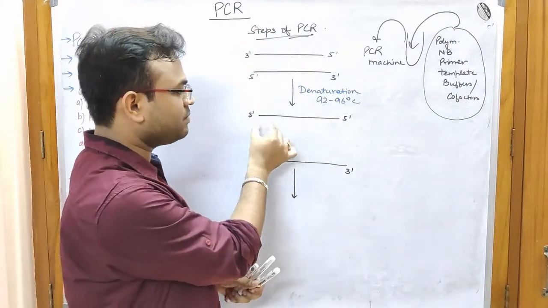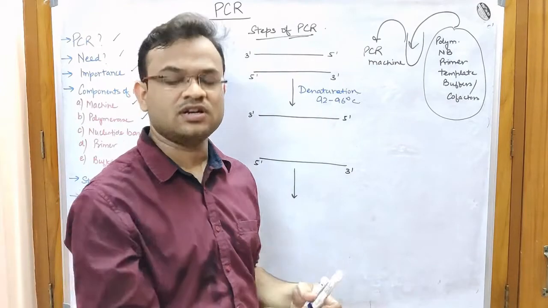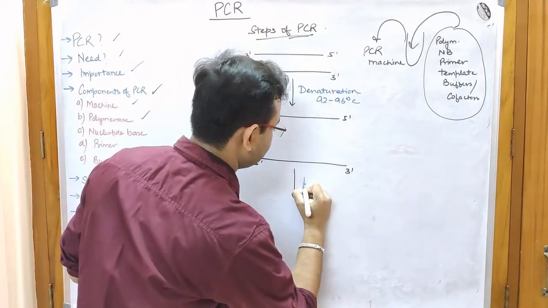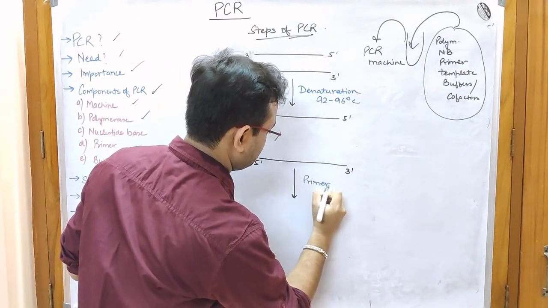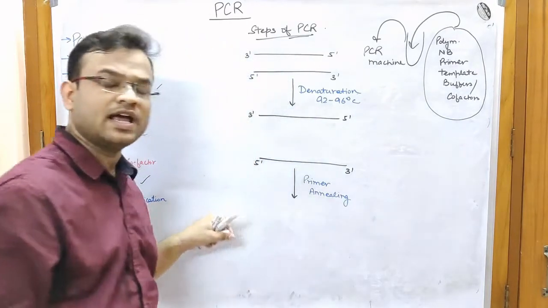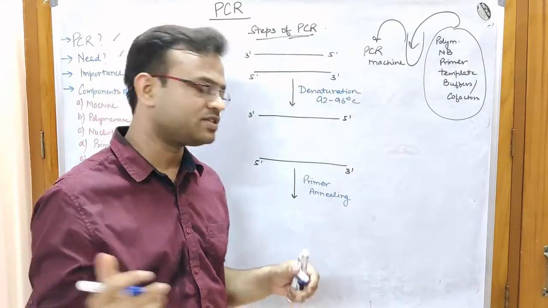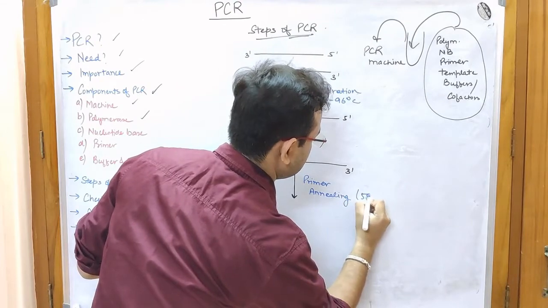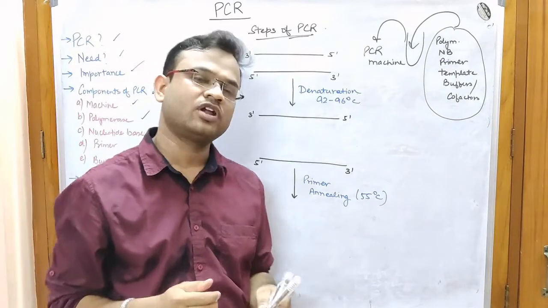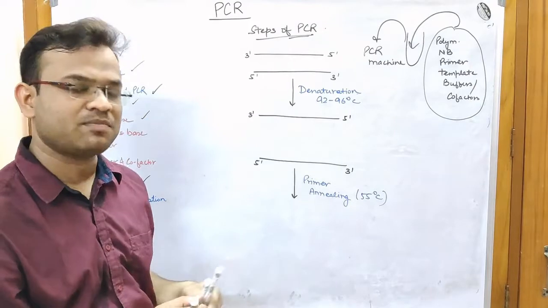You want to now attach your primer to these regions so that the elongation can continue. Okay, so now we would go for primer annealing, right? The primer annealing also would require a particular temperature, that would be 55 degrees centigrade. Now how will the primer annealing step look like?